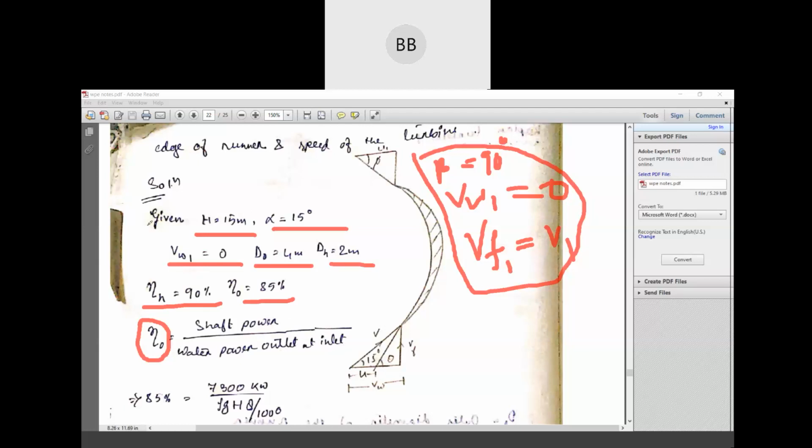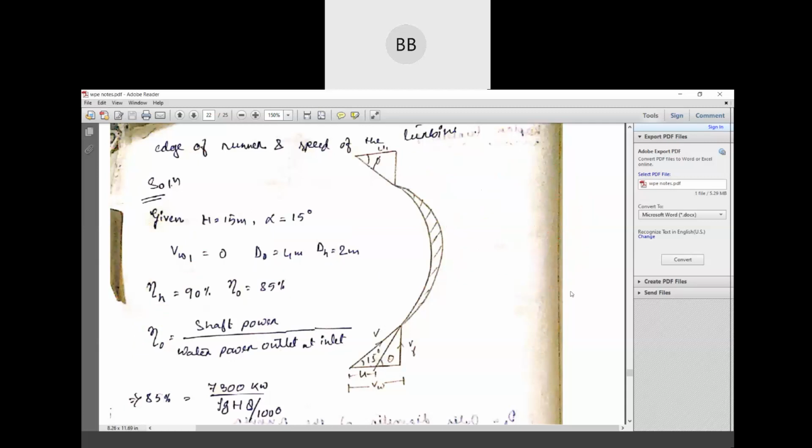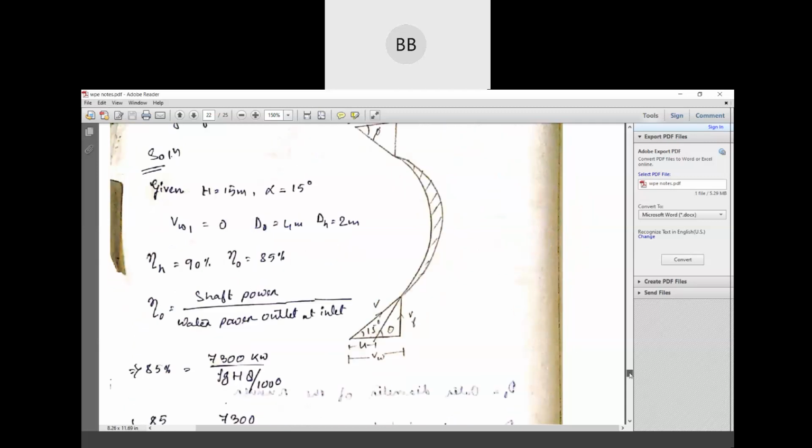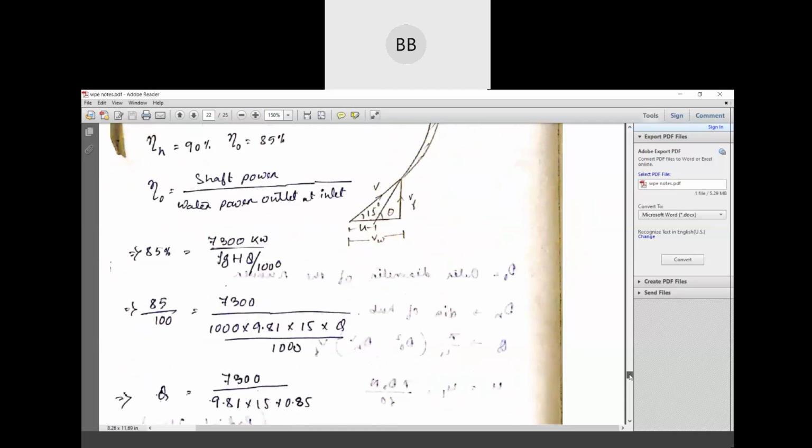So you just write down the equation. Shaft power is already given, 7300. It's given in the question.